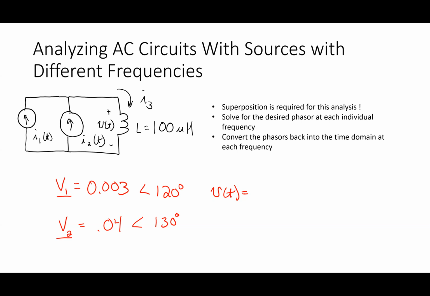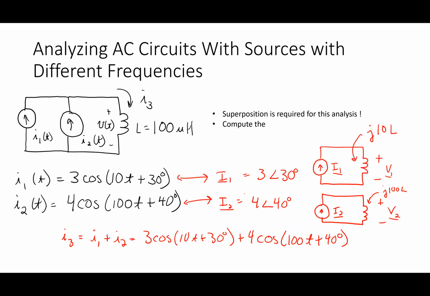Just think about V1 by itself. So when I had 3 cosine 10t plus 30 degrees, I converted that to 3 angle 30. So if I had to reverse convert that, what do I do? So it would just be 0.003 cosine 10t.